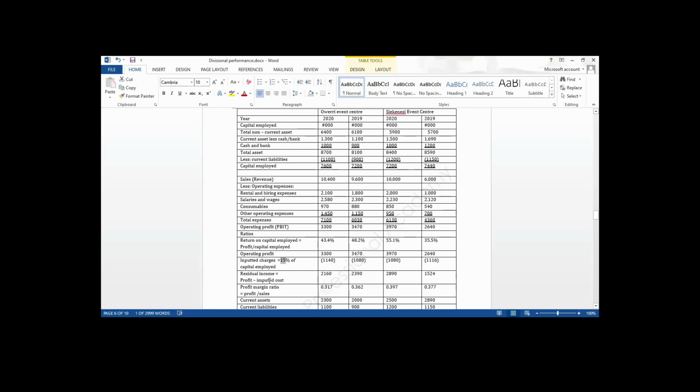Profit minus imputed cost or charges. 3,300 minus 1,140. Please confirm for the whole centers.